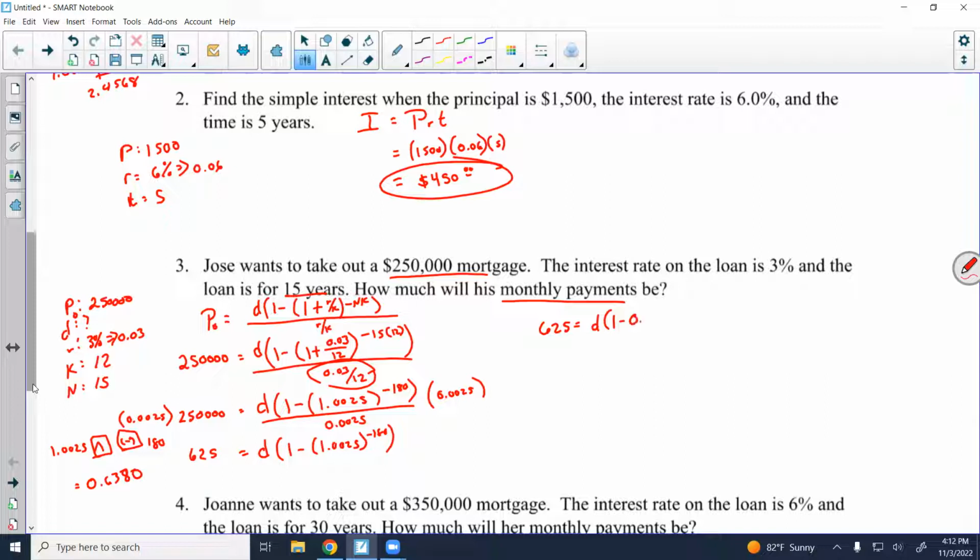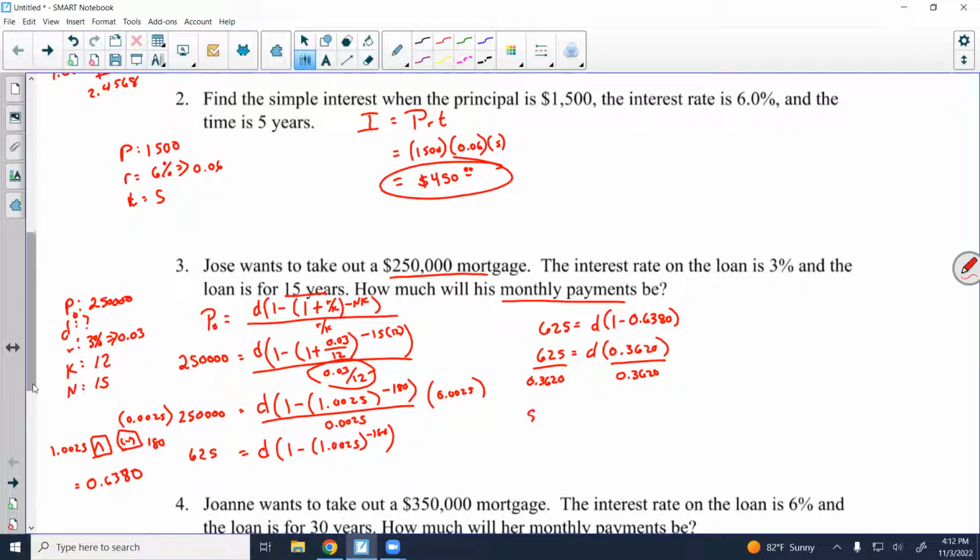So bring that over here. Do my subtraction, 0.3620. Now divide both sides by that. We end up with 625 divided by 0.3620.